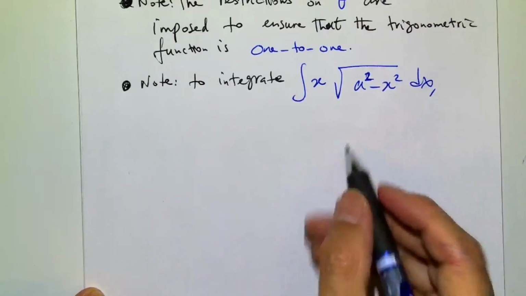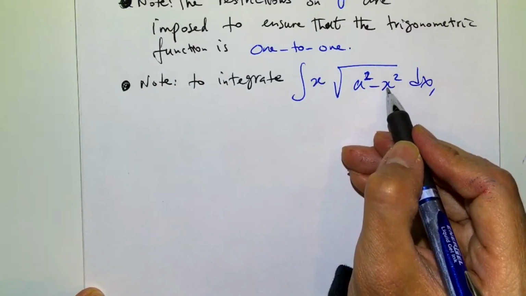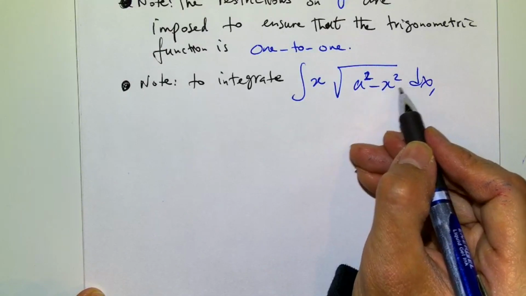When you integrate something like this with an x, the x is really the derivative of this. So you take the derivative of the x squared, you get 2x dx, right?